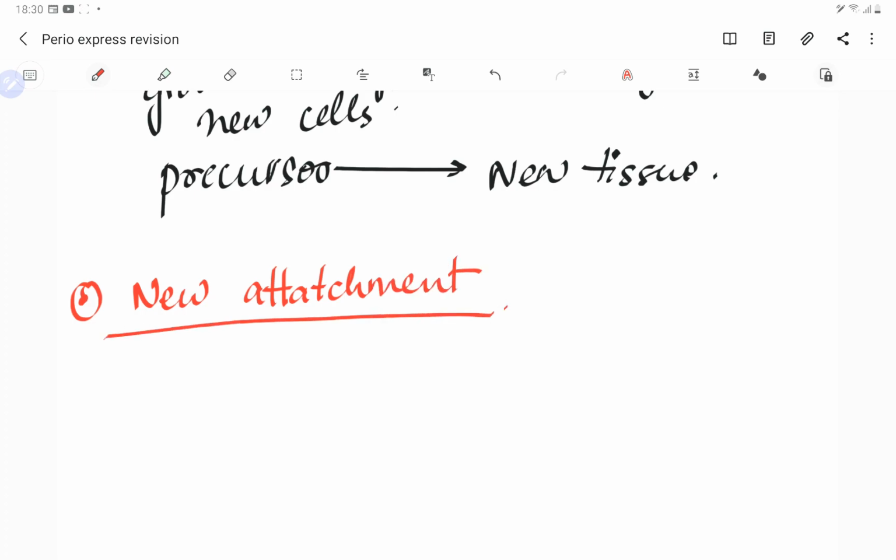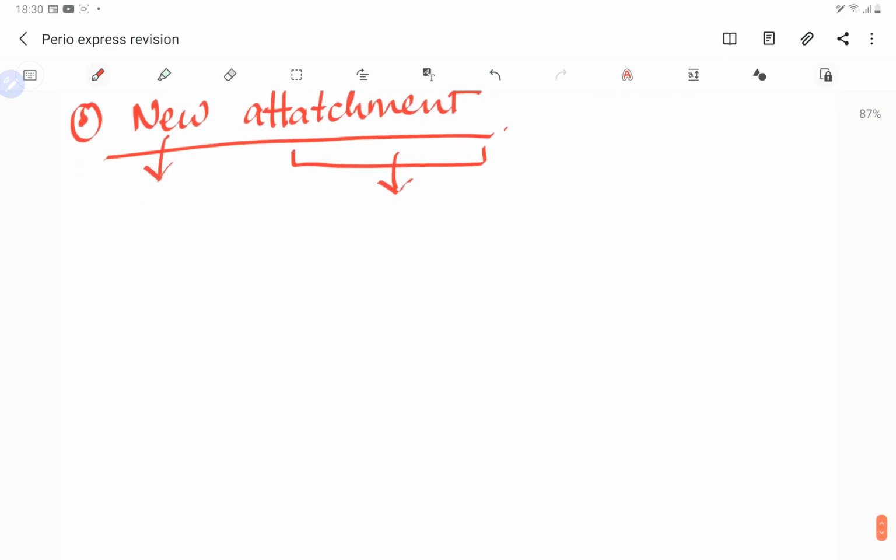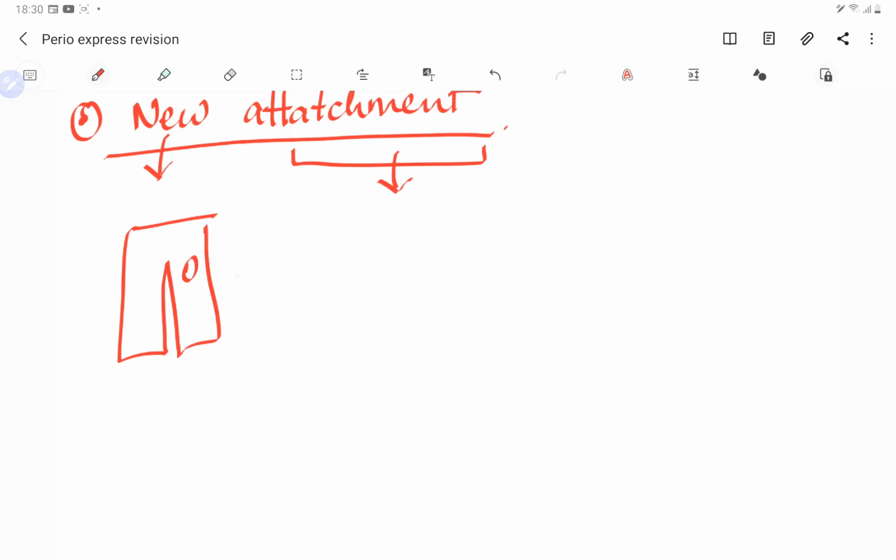So new attachment means we are going to give a new attachment to anything. That means, guys, we are talking about the same jeans which was torn. We are trying to get a new attachment to this jeans which was previously diseased. So we are talking about the previously diseased tissue.